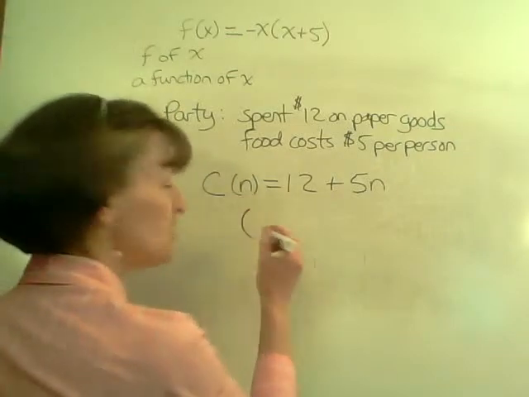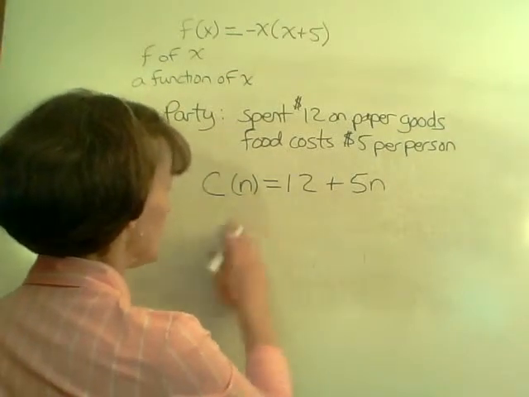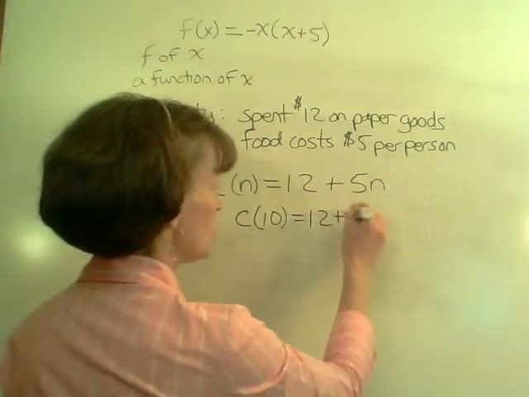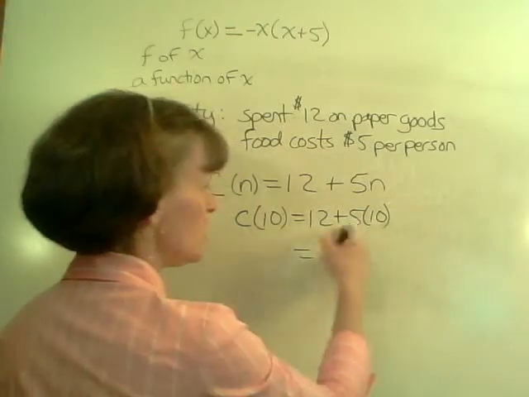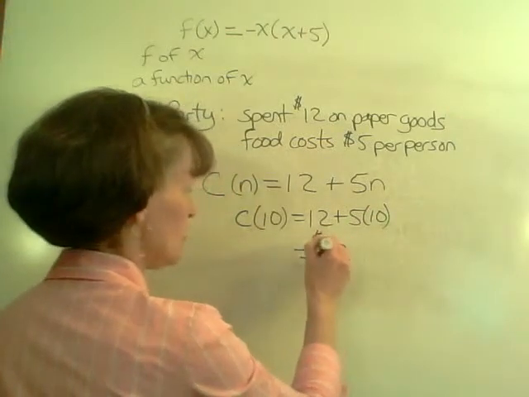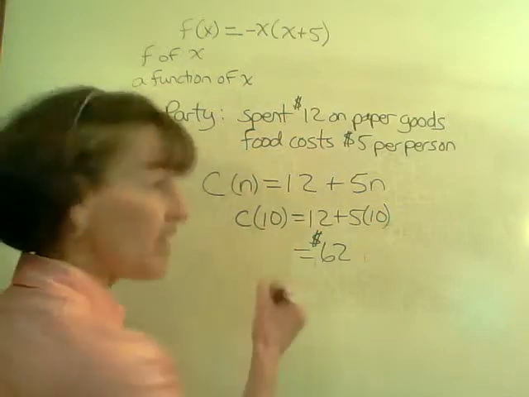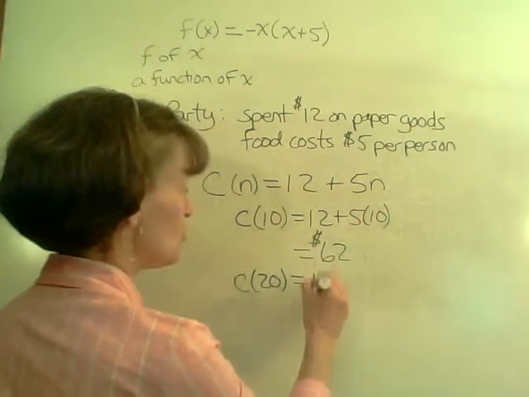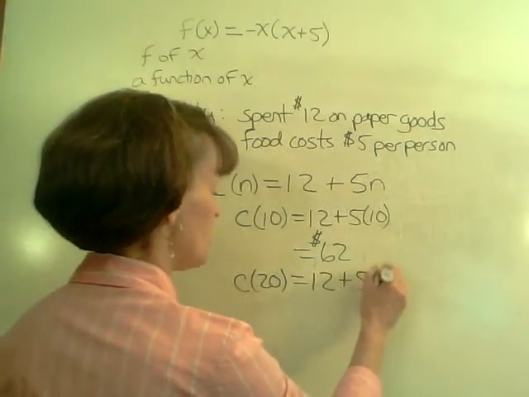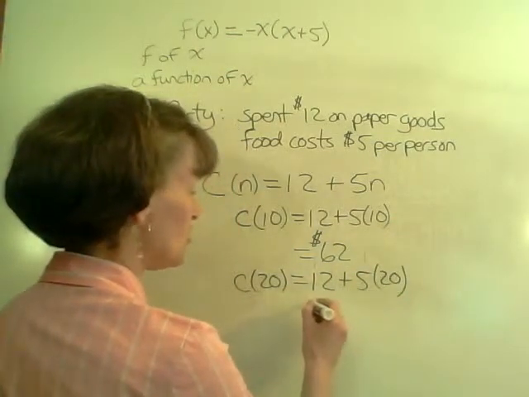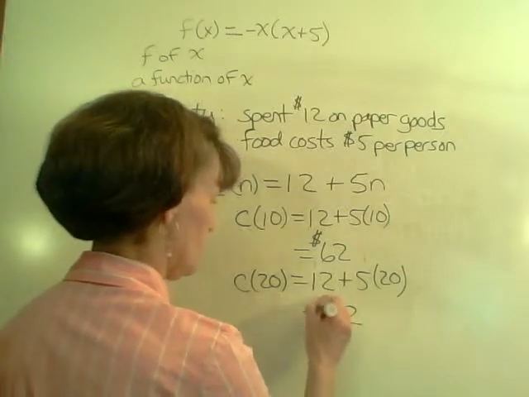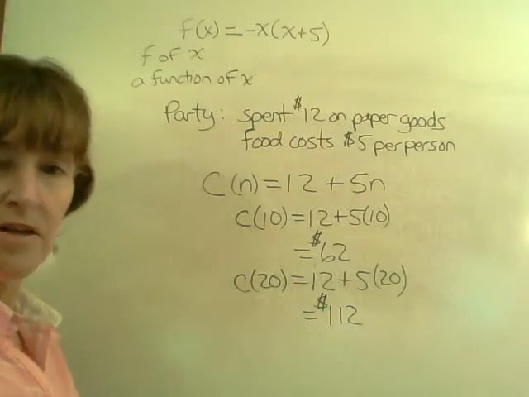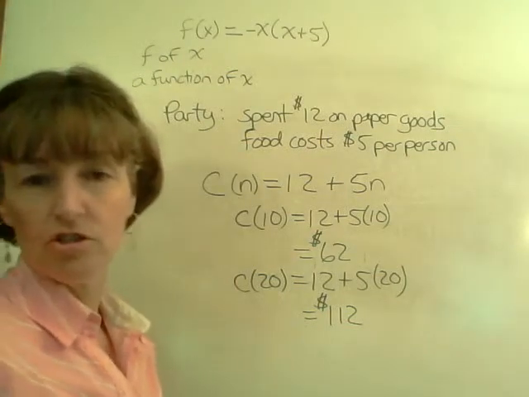This means that if 10 people come to my party, then C of 10 equals 12 plus 5 times 10, or it equals $62. Okay? If 20 people come to my party, then C of 20 is going to be 12 plus 5 times 20, or $112. So you see, this is a real-life application of function notation.